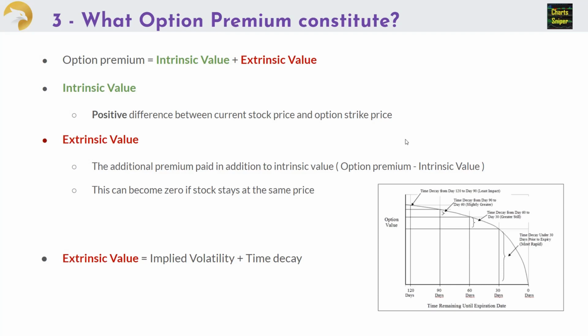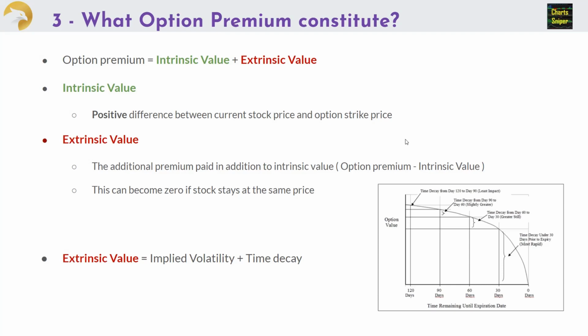So by exercising that option when the market value is 150K, you are leveraging 50K profit. That is called the intrinsic value: the current market value minus the agreed strike value.